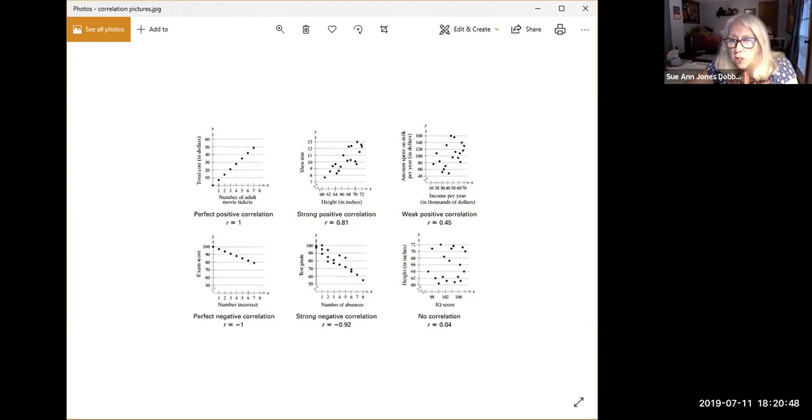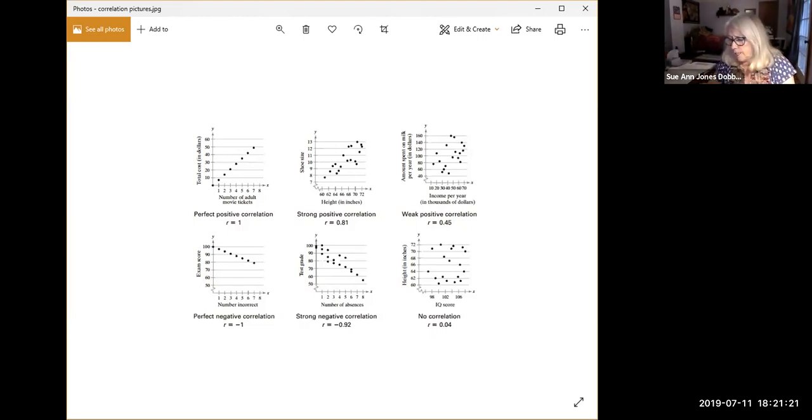Okay, so in the next one, you see there's a scattering of points, and really that's not a very good linear relationship. It's not as bad as this one down below it, where I really don't see any linearity at all. And then notice the two on the lower row, they have linearity, but the line is going down from left to right and not up like the first ones were.